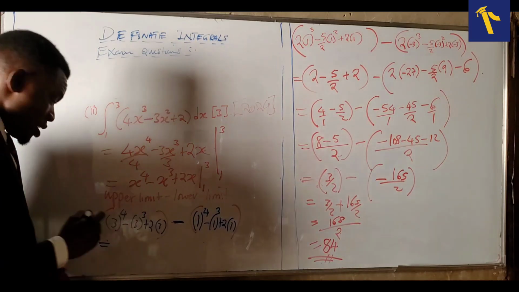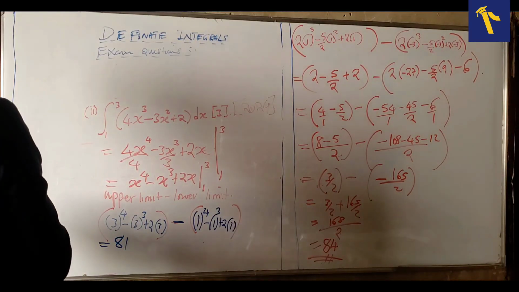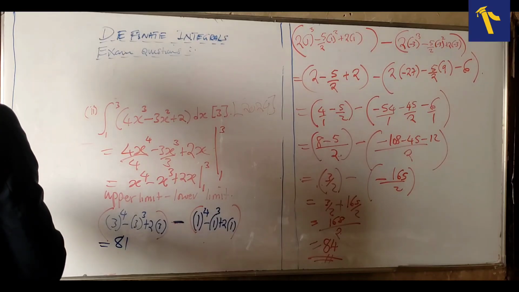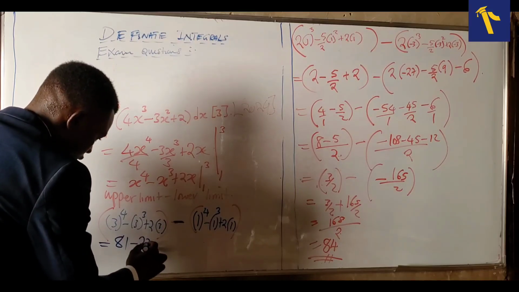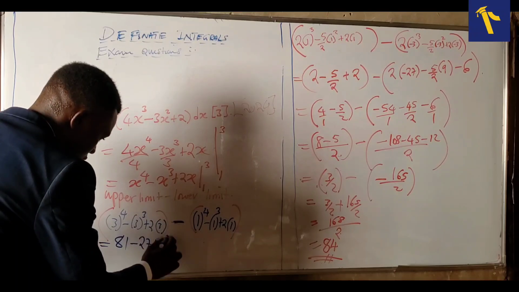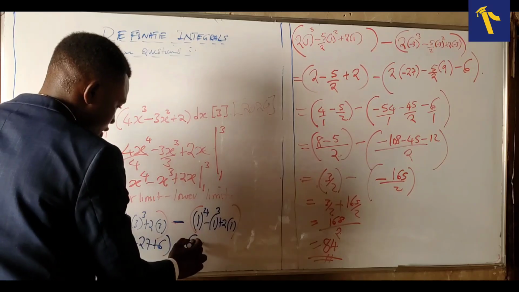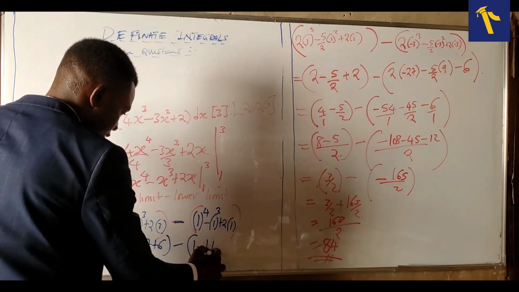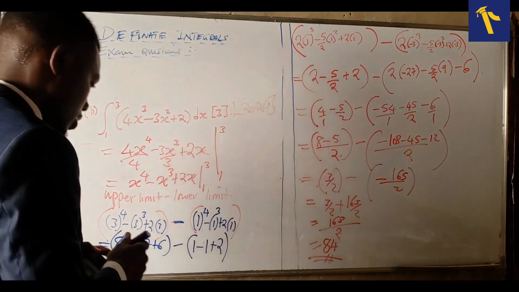We'll get 81, if I'm not mistaken. 81, because we are multiplying 3 by 3 times 3, which is 81, minus 3 to the power 3, that is 27, plus 2 multiplied by 3, that is 6, minus 1 raised to the power 4, that is just 1, minus 1 to the power 3, that is just 1, plus 2 times 1, that is just a 2, like that. Great.